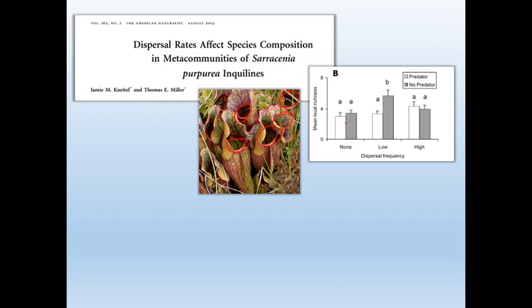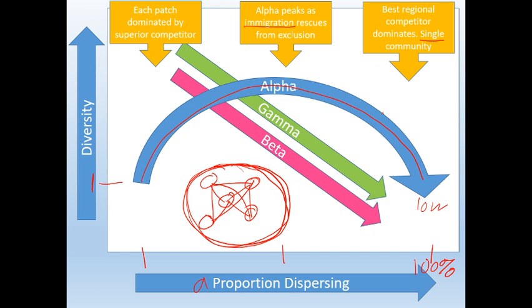And what we do see, when you look at dispersal frequency, from no to low to high dispersal frequency, and we're only looking at the non-predator graphs here, is this hump shape, and that's exactly what you expect in this hump shape of the alpha diversity.